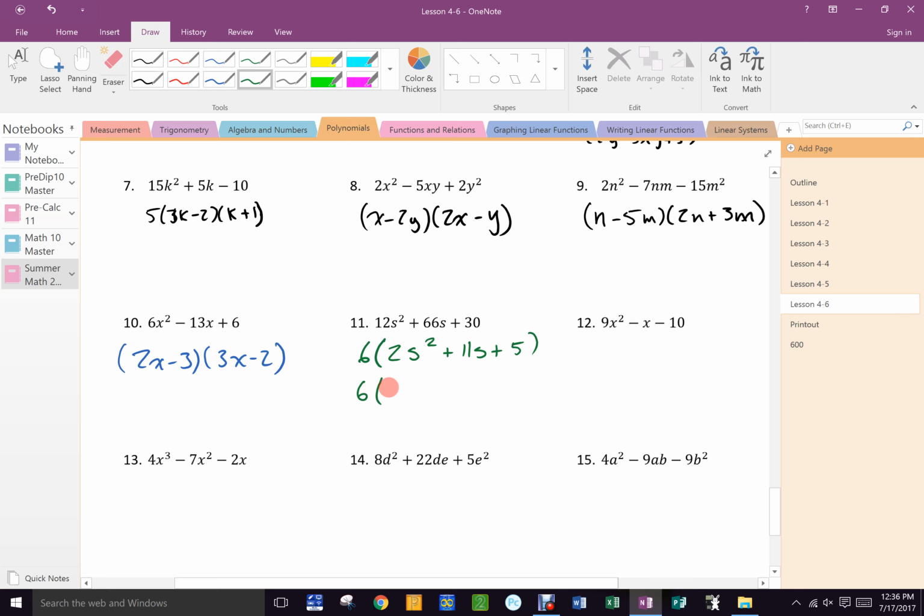Cubes. S plus 5 and what do you say? 2s plus 1. Nice. 12. Bracket 9x minus 10 times x plus 1. Nice.